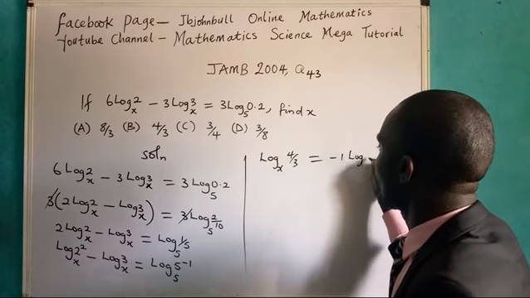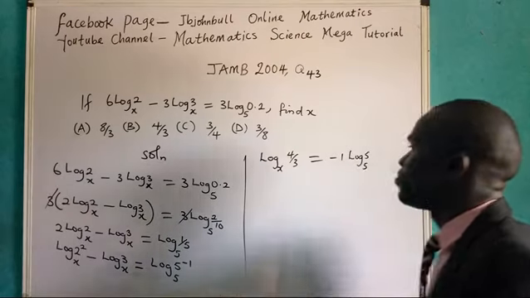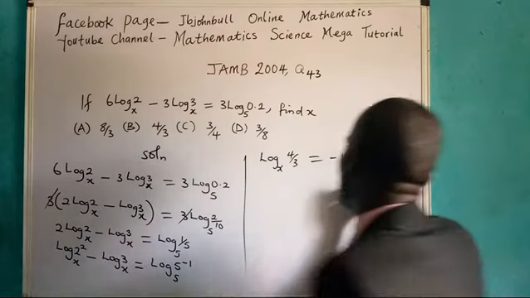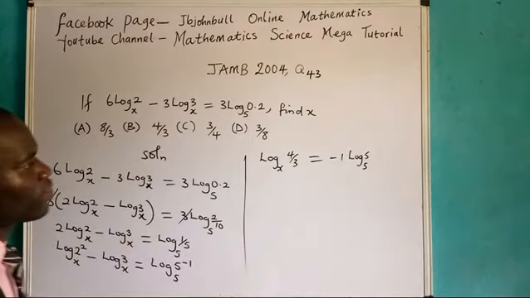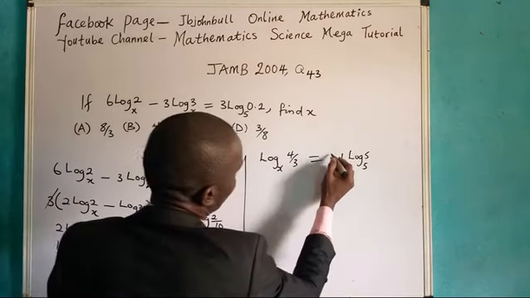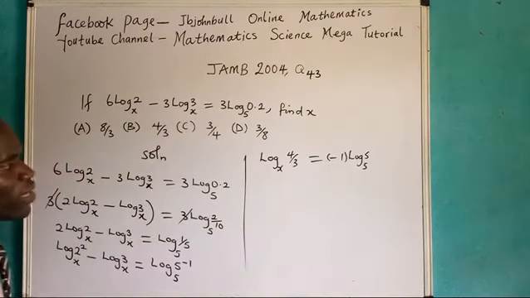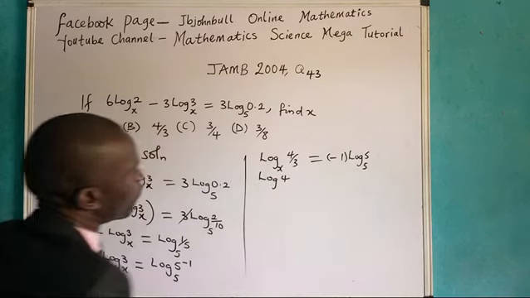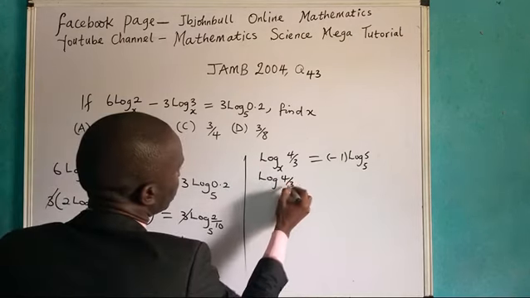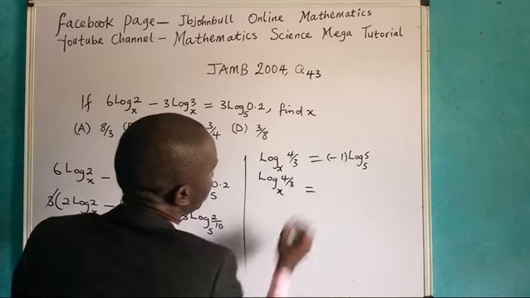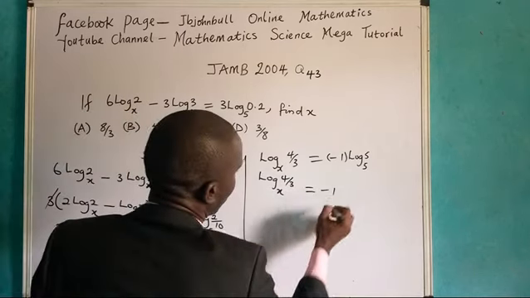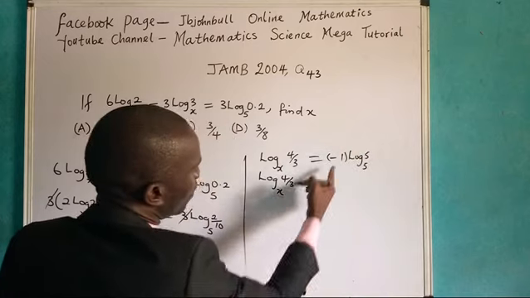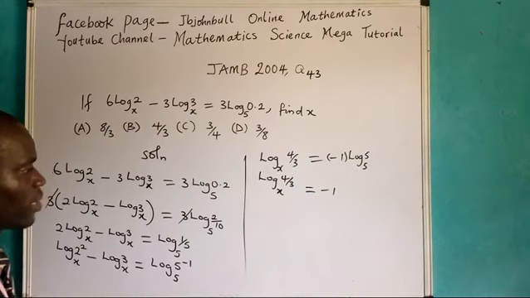I will now have log 5 base 5. Here we have a logarithm to its own base, and a logarithm to its own base is 1. I will now have log 4 over 3 base s equal to minus 1, because this gives us 1, and 1 times minus 1 still gives us minus 1.